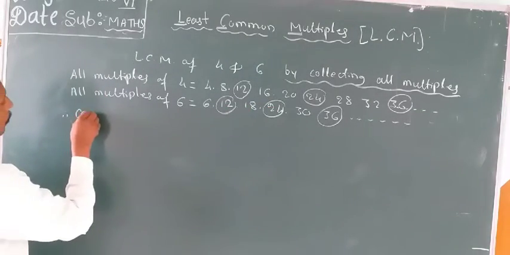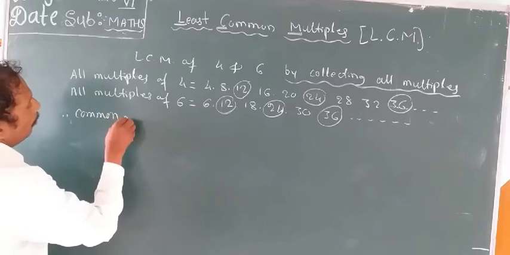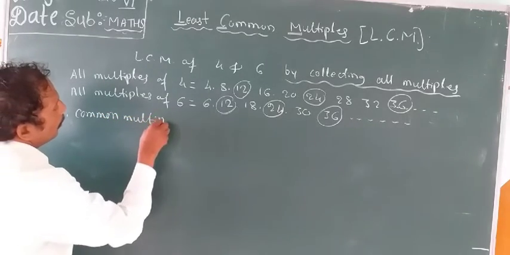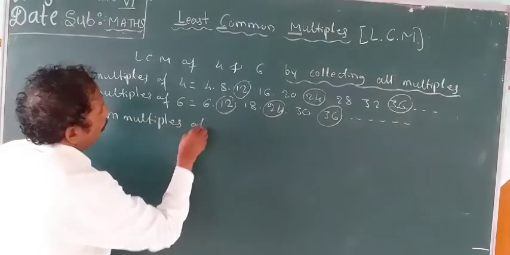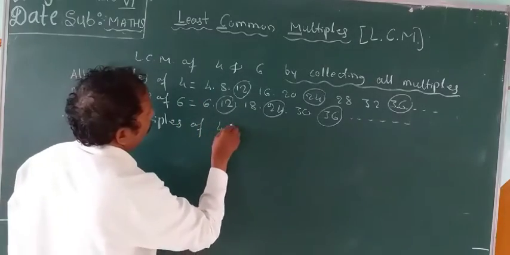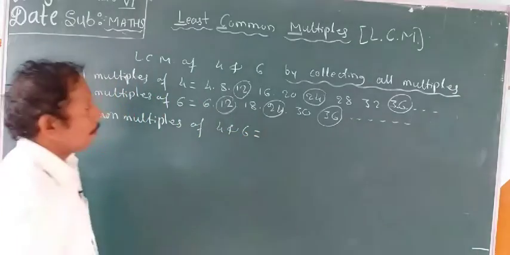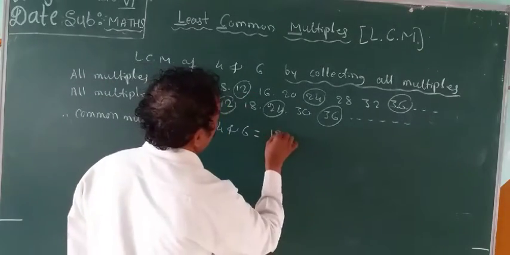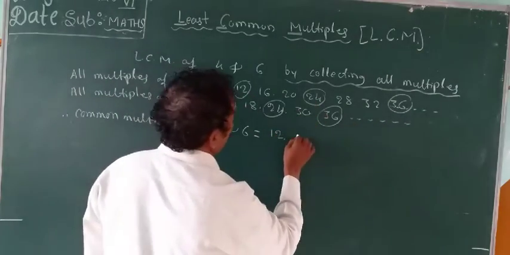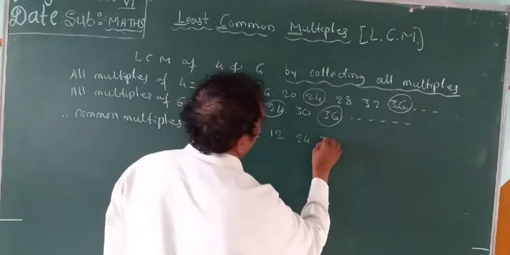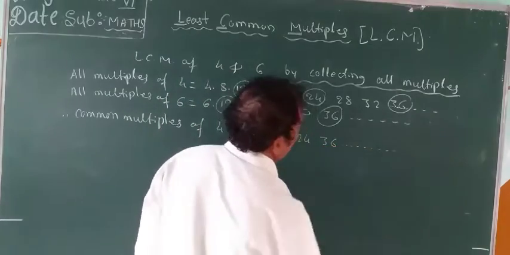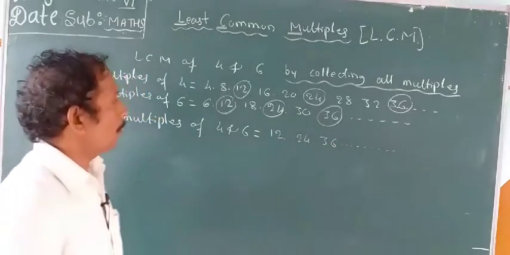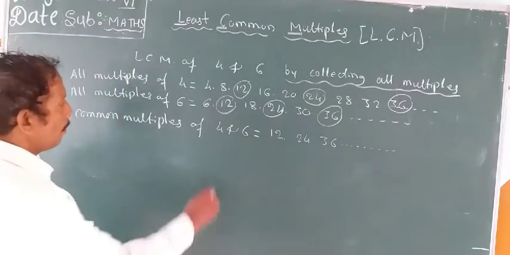Therefore, common multiples of 4 and 6 are the numbers which are encircled: first number 12, second number 24, third number 36, like this.